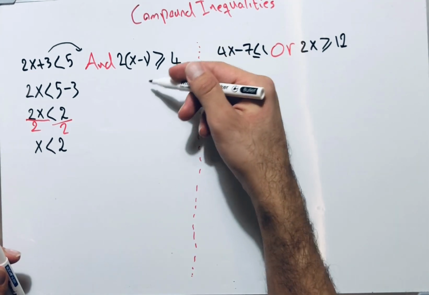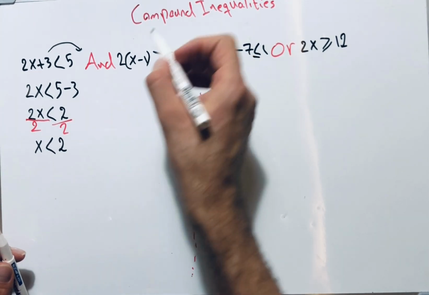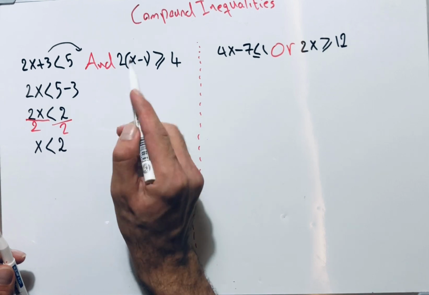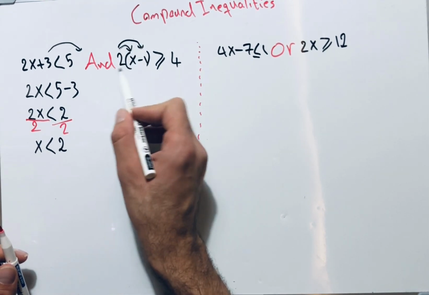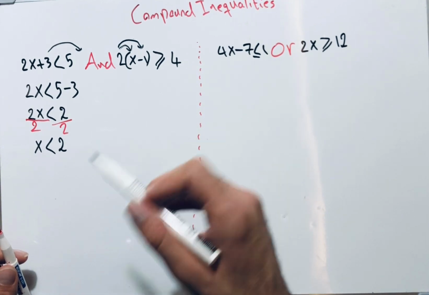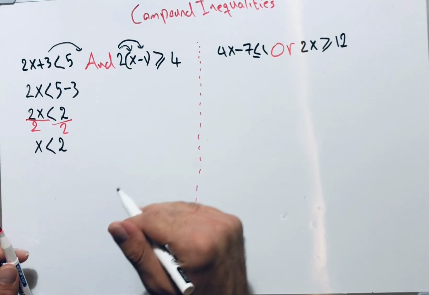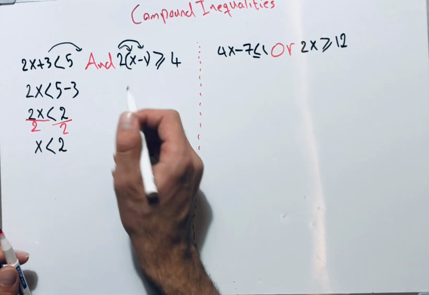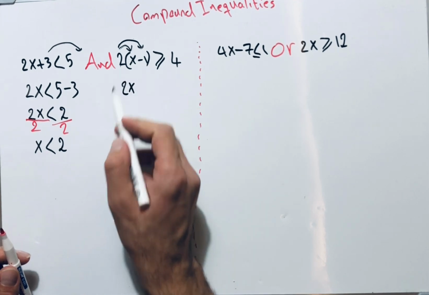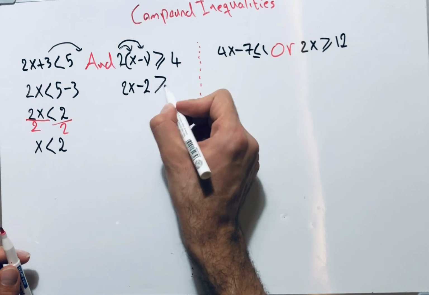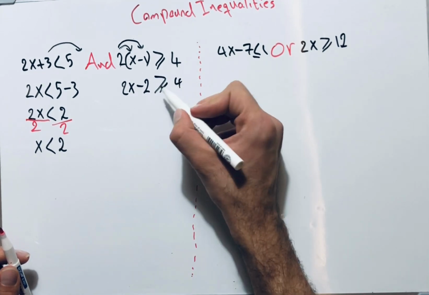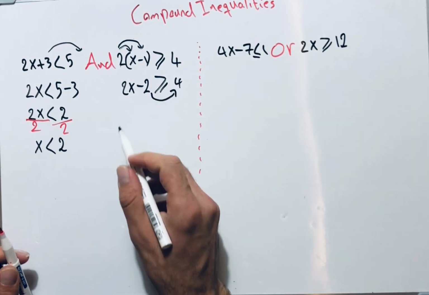So we're going to solve the next one also. Here we have a bracket, so as a note, you should always expand the bracket first. 2 times x is 2x, and then 2 times -1 is -2, and then we have 4, and again move the number to the other side.